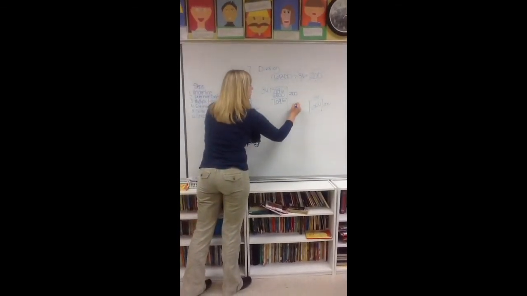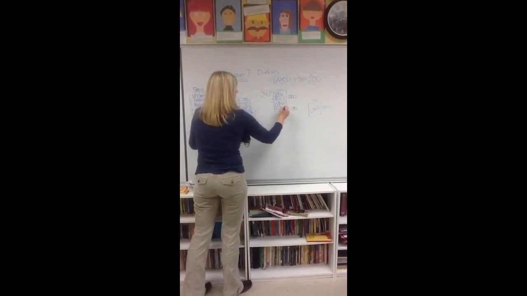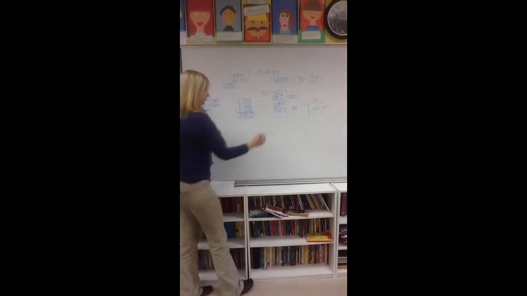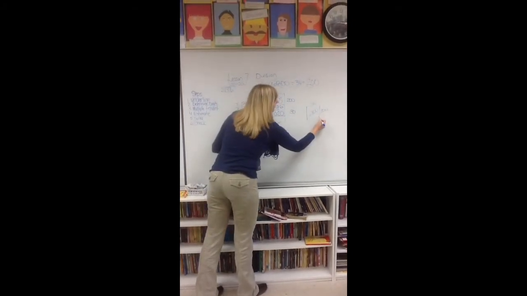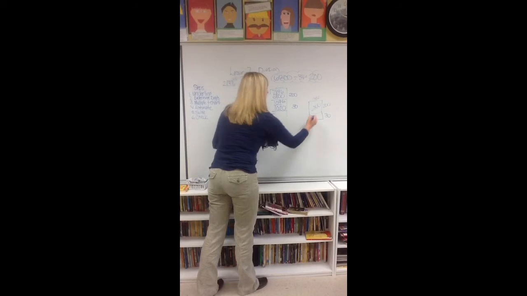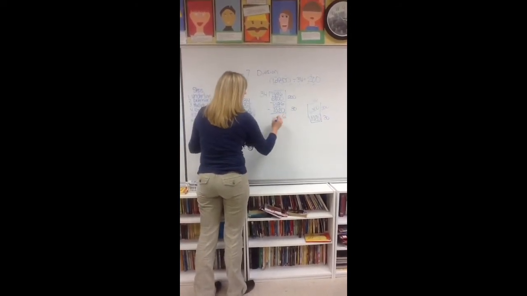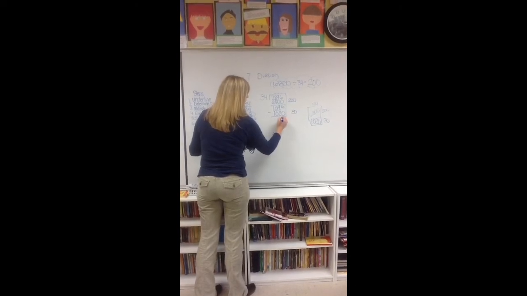So 30 groups of 34 would be 1,020. So I'm going to build my area model 30 more long. And that's going to take care of 1,020. I should subtract to see how many more I have to go.